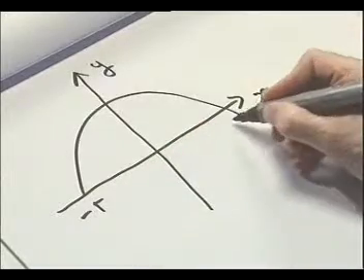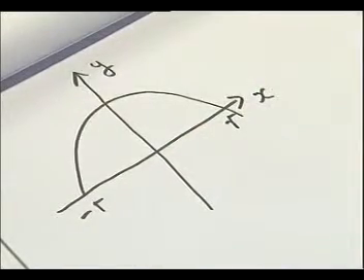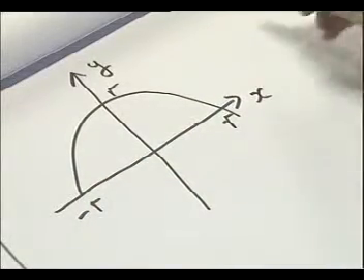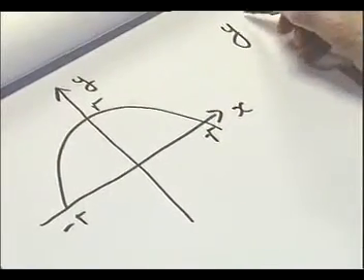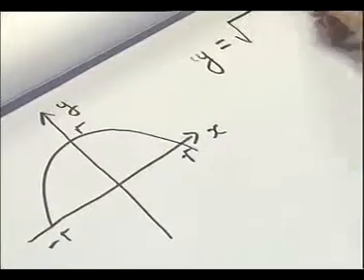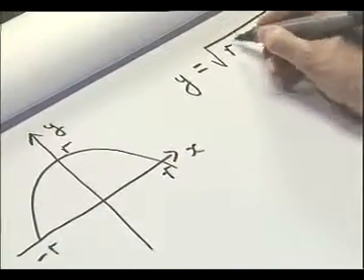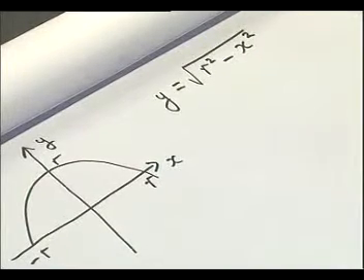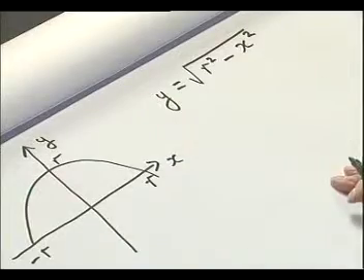It's a semicircle, so its radius we'll take to be r. And what's the equation of that curve? Well, that will be y equals the square root of r squared minus x squared. So this is our equation for y.